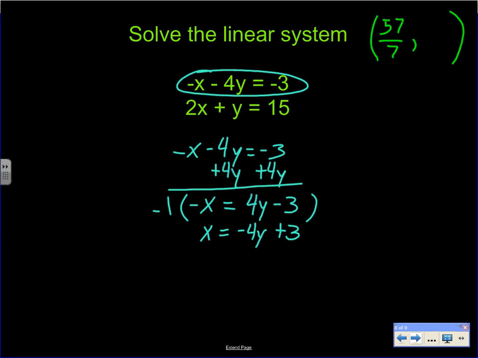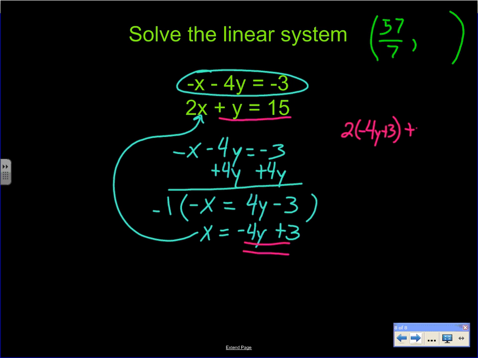Well, we can take this and plug it in right there for x. So 2 times x. What's x equal to? Negative 4y plus 3. And bring down the rest of this. Plus y is equal to 15.